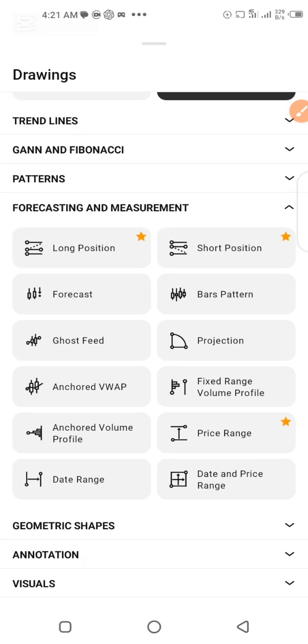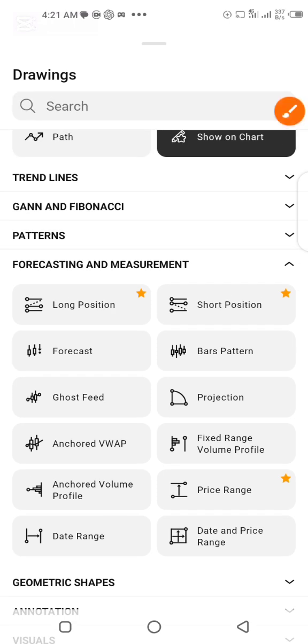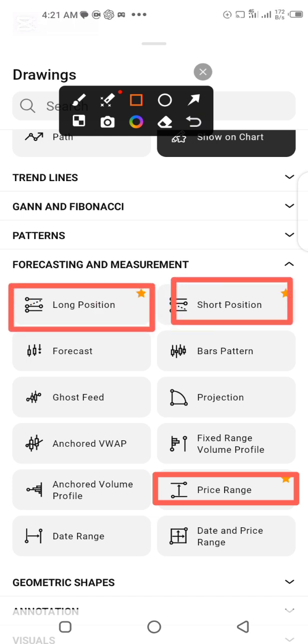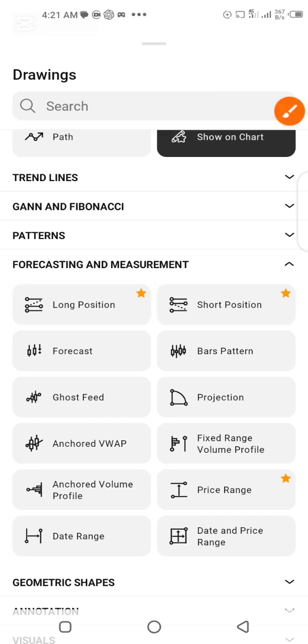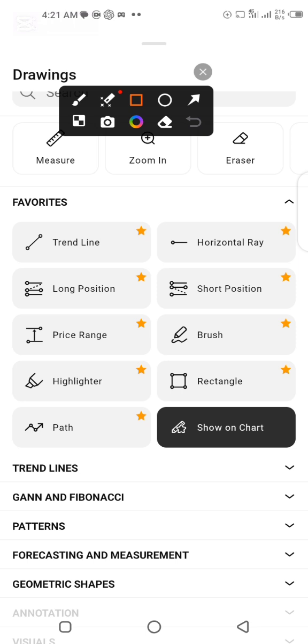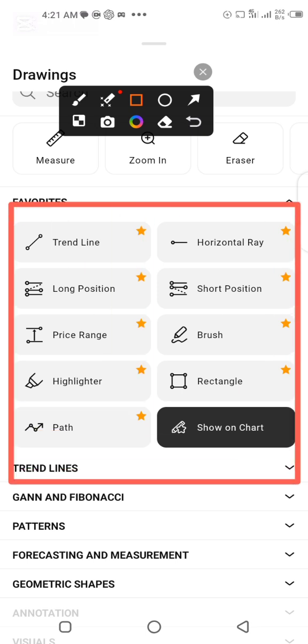This is where you see the price range I talked about. You can double tap on it and add it to your favorite, because I added it to my favorite. So here is my favorite, you can see it.